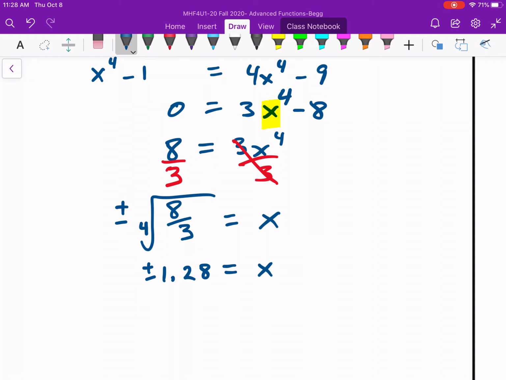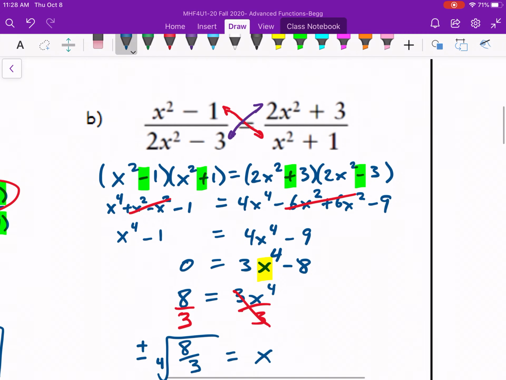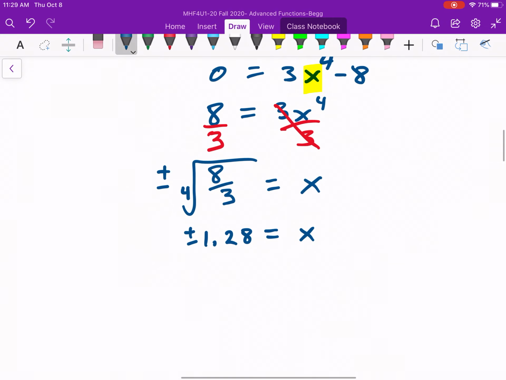I've got positive 1.28 and I've got negative 1.28. If I were to take positive or negative 1.28 and put it back into this original equation, both of them would satisfy it. So we have to consider that as well. Just another thing to look out for when we're solving rational functions.